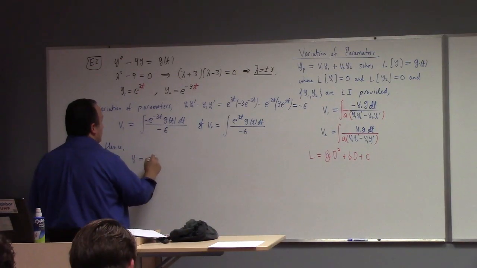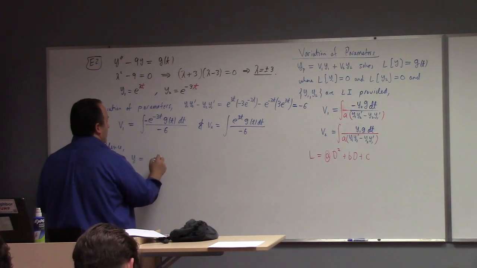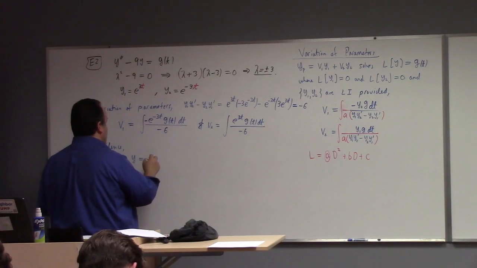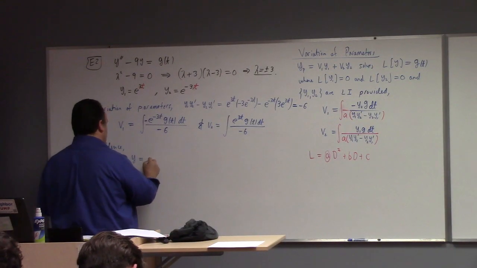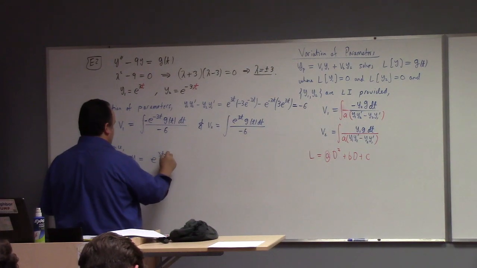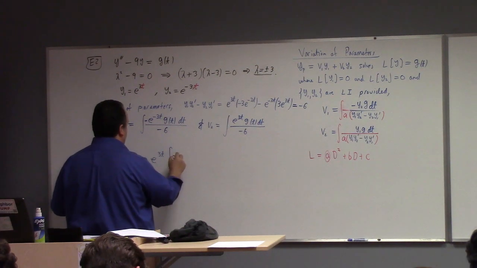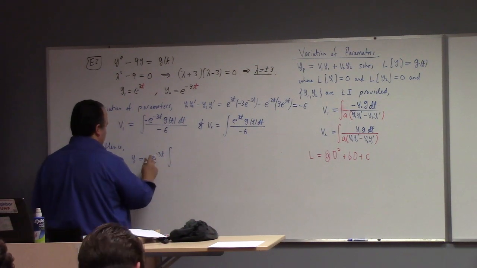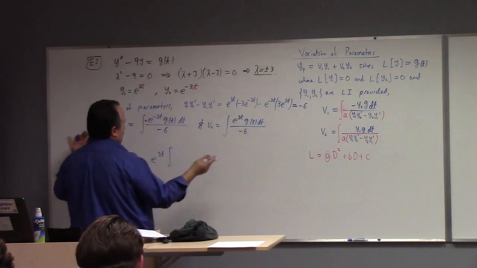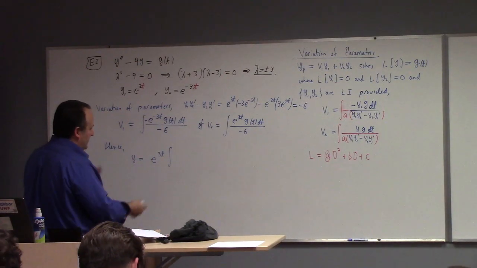y is equal to e to the 3t times v1, which is this. Would you guys want me to bring the 6 in or out of the integral? Let me bring it out.